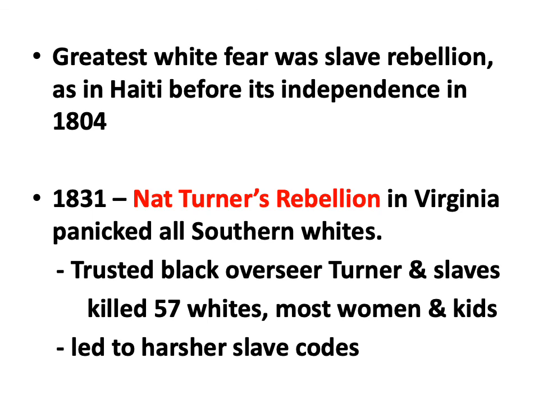In fact, he was one of these slave drivers or slave overseers whom the white master thought was very loyal to him. Well, Nat Turner organized a rebellion in which slaves from Nat Turner's plantation where he worked and neighboring plantations killed 57 white people, and most of those killed were women and children.